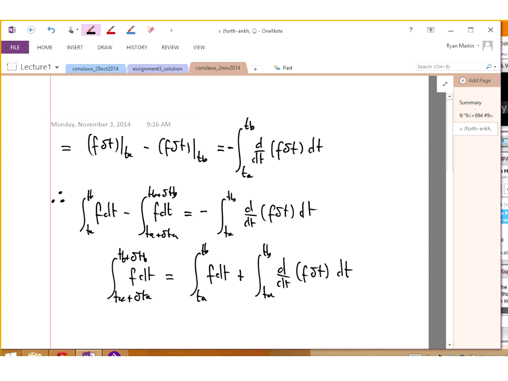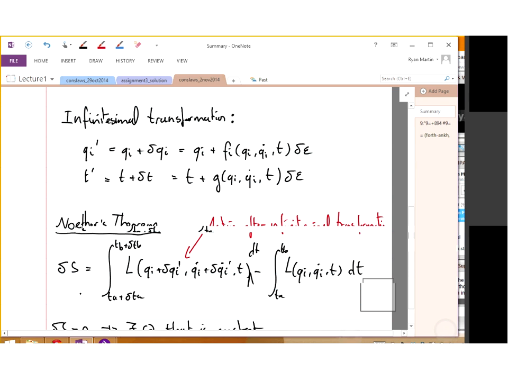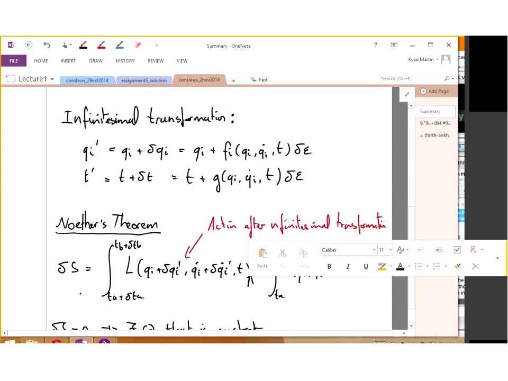Okay. So remember what the point was. Initially, the point was to go back and look at this change in the action.